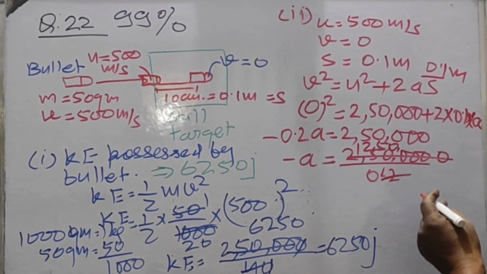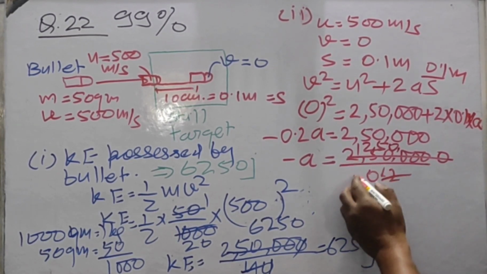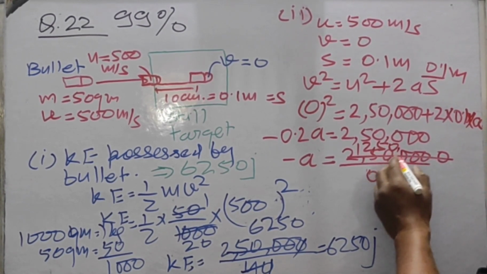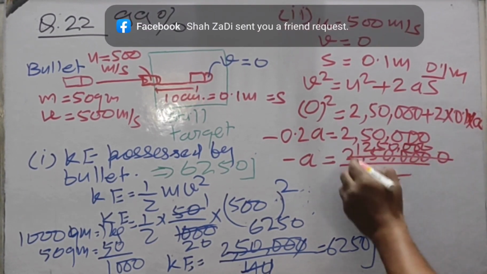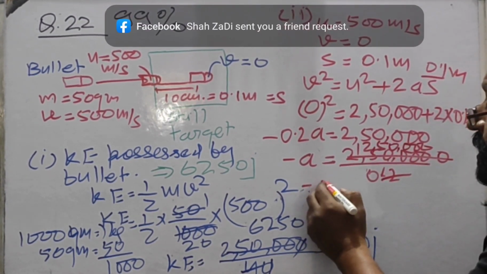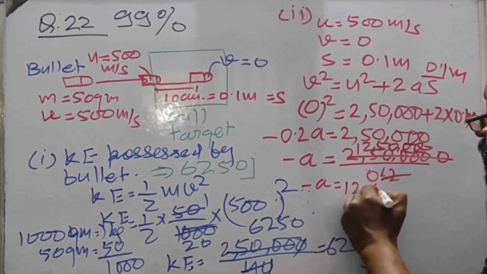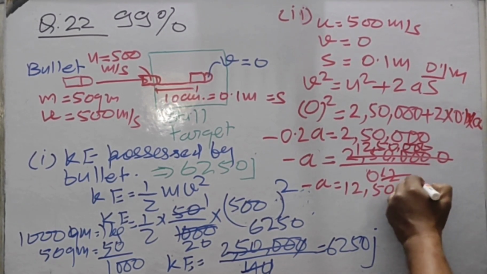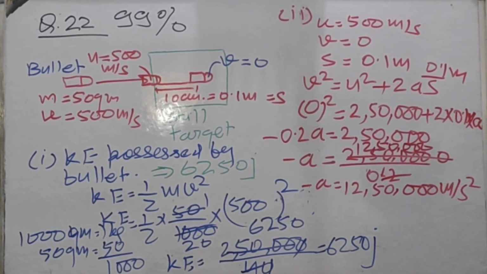Put the zeros, so retardation is 12,50,000 meter per second square, right?